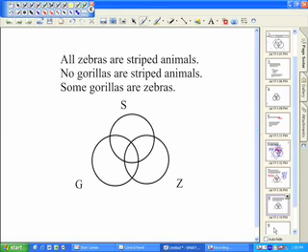Okay, so let's look at this. All zebras are striped animals. So we've got the Pac-Man for the Z that's trying to eat the S. And then we've got no gorillas are striped animals.